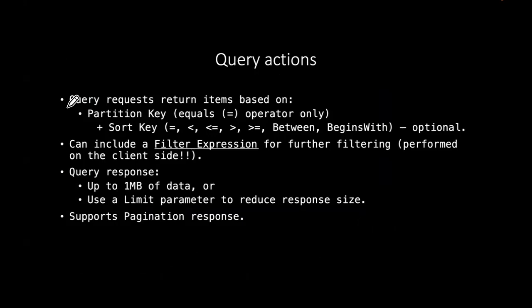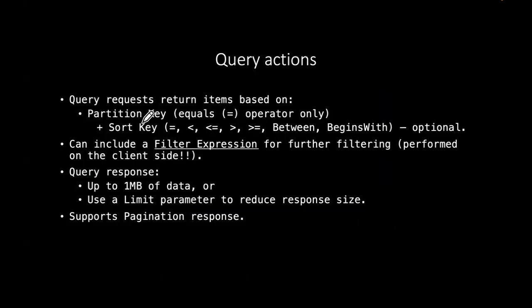The query only applies to tables with composite primary keys, composite being a combination of the partition key and the sort key. For the partition key part of your query, you have to specify the exact value, so the only operator available to you is the equals operator.